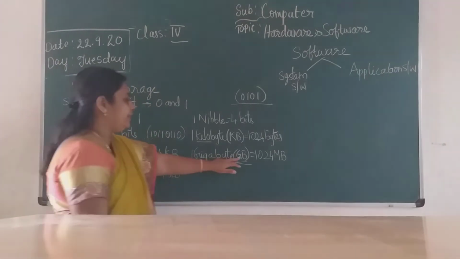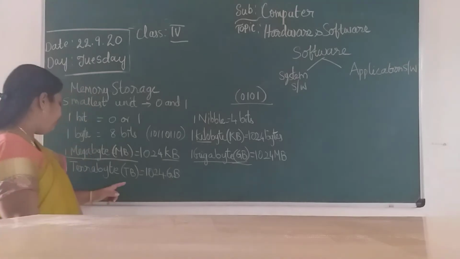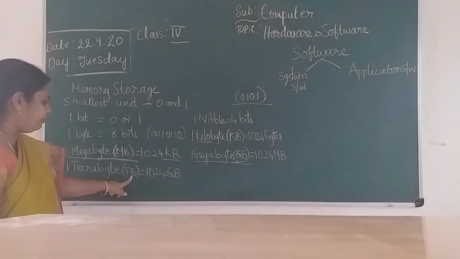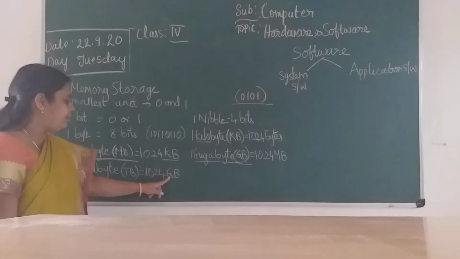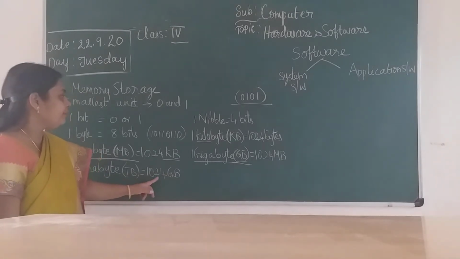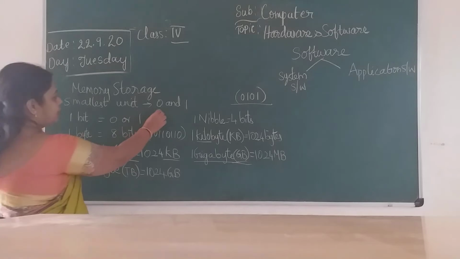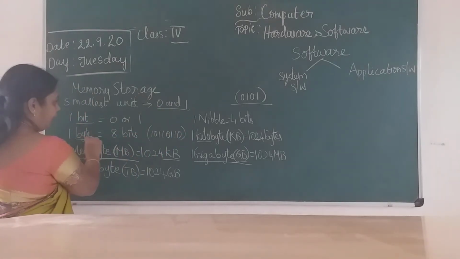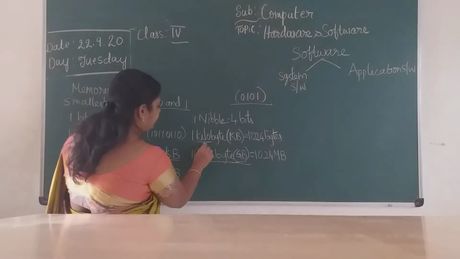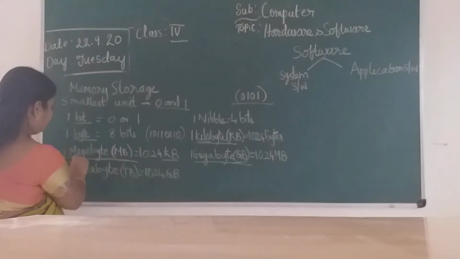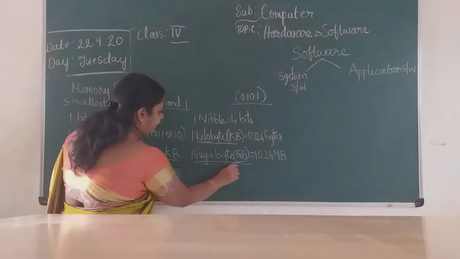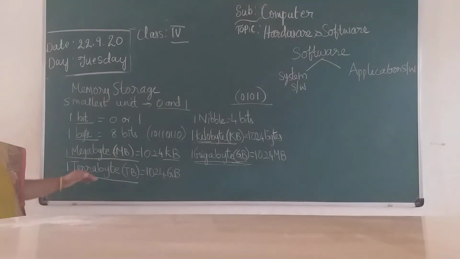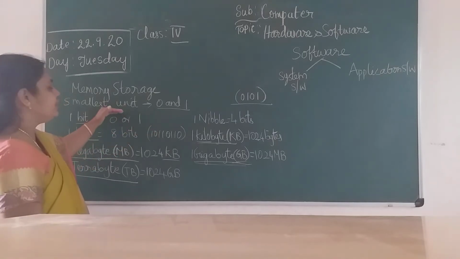Okay, 1 gigabyte is equal to 1024 MB and 1 terabyte, short form TB, is equal to 1024 GB. Okay. So observe here, children, the smallest unit is zeros and ones. Then you have the bit, then you have the byte, then you have the kilobyte, then you have megabyte, then you have gigabyte, and you have the terabyte. So these are the levels of memory storage.